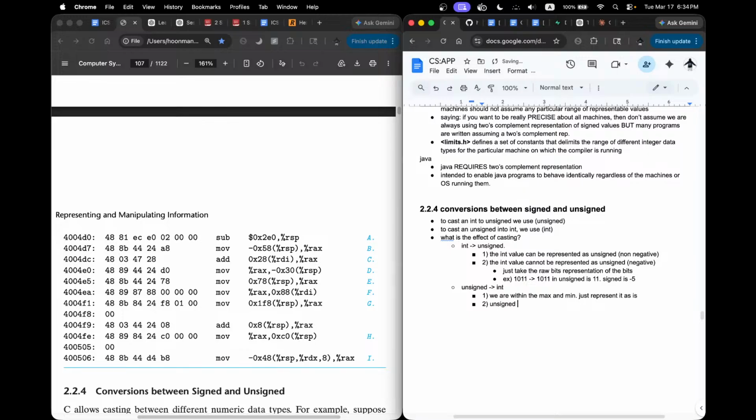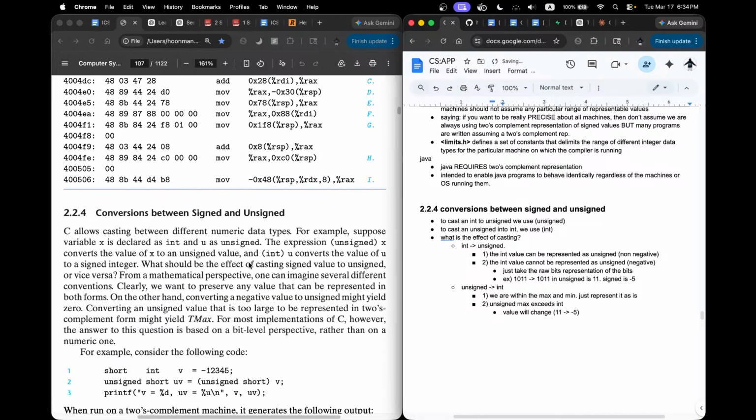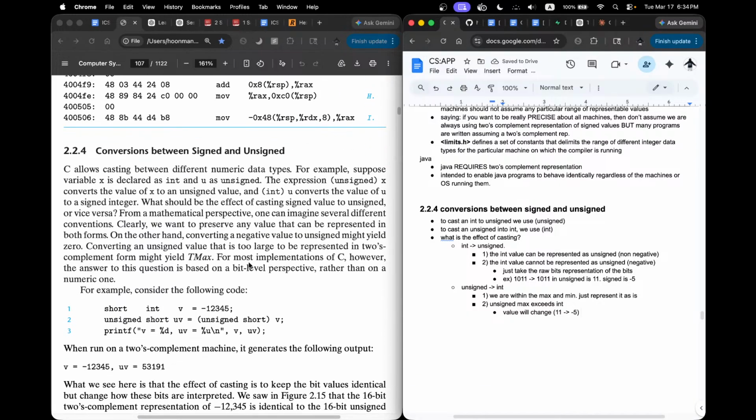In the other, the unsigned value exceeds the max, so the value will change. That's what I think will happen, but let's see what actually happens.